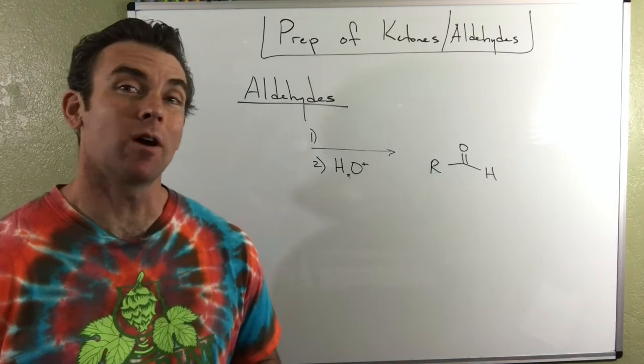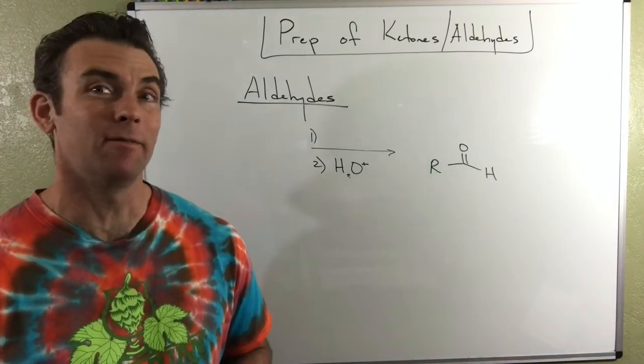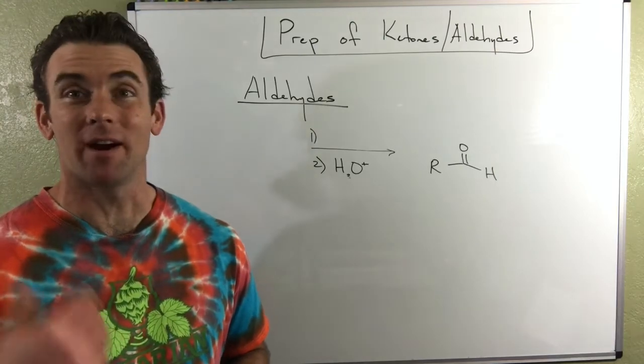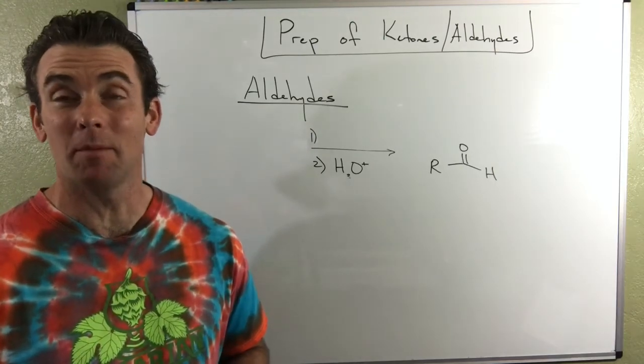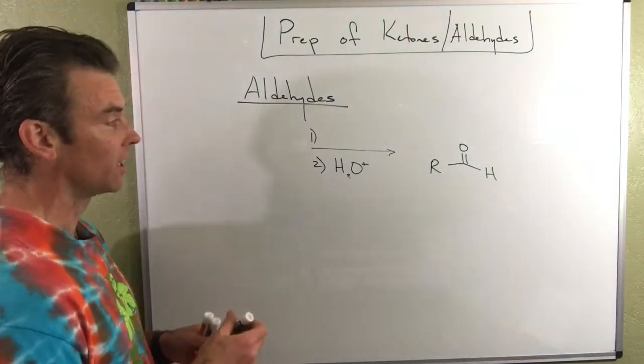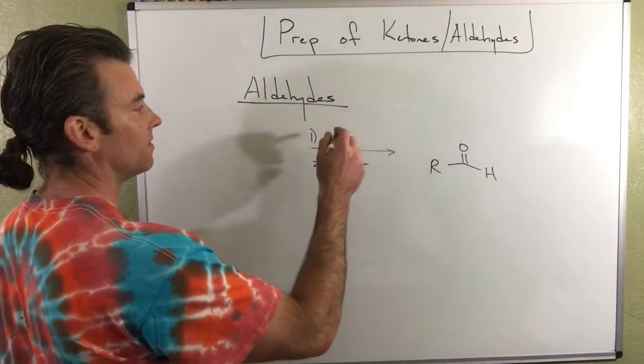Another really good named reaction that, I'll be honest, I often forget which one of these processes requires a DIBAL equivalent and which one requires this other kind of crazy looking aluminum hydride reagent.